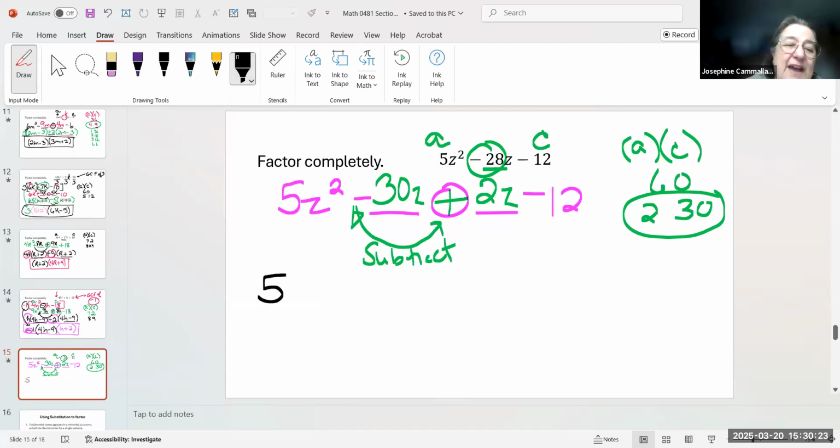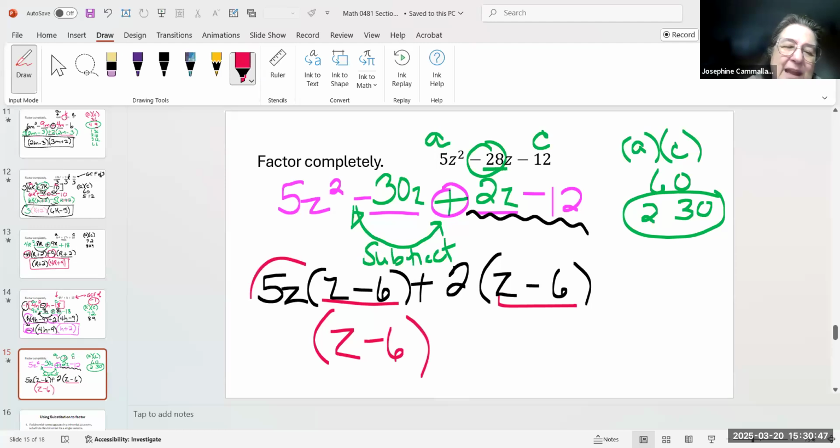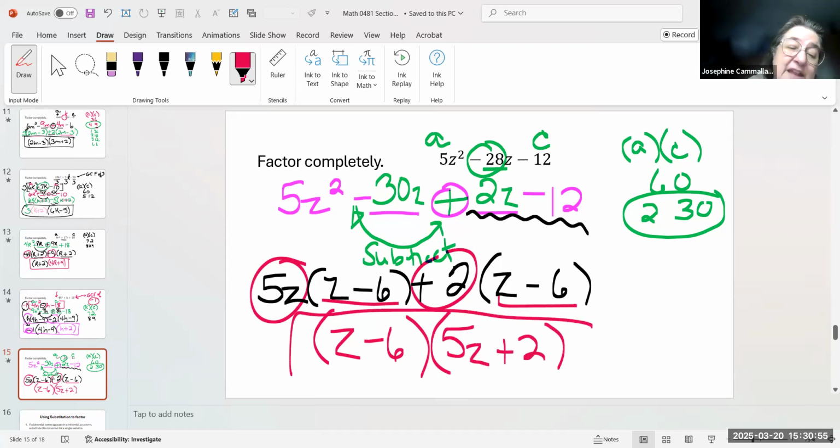This will give me 5z, z minus 6. Now remember, I want z minus 6 over here, which means these two terms have a 2 as a greatest common factor. These parentheses must be the same. And what's the second one? It's 5z plus 2. This is my answer.